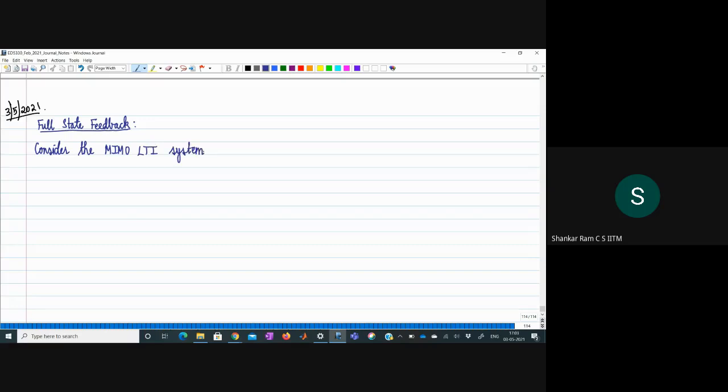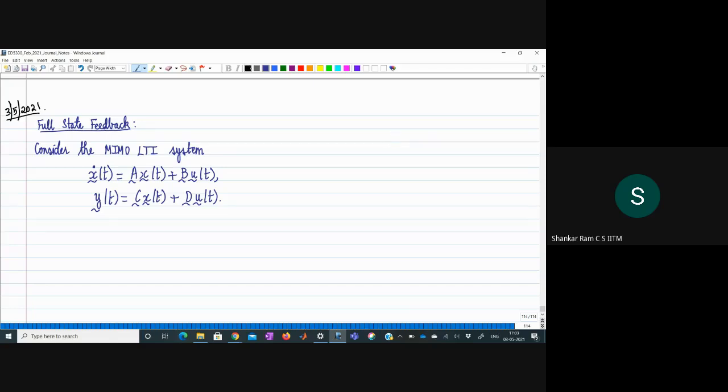First, let's consider the MIMO, multi-input multi-output system, whose governing equations are given by x dot of t equals A x of t plus B u of t, and y of t equals C x of t plus D u of t. Essentially this is the state equation and the measured output equation.